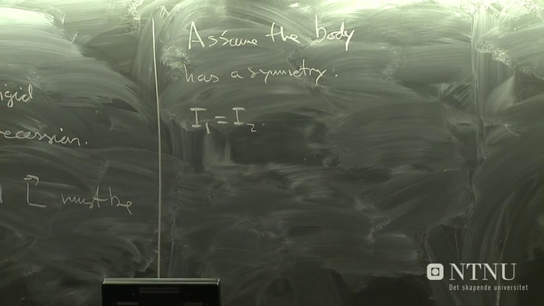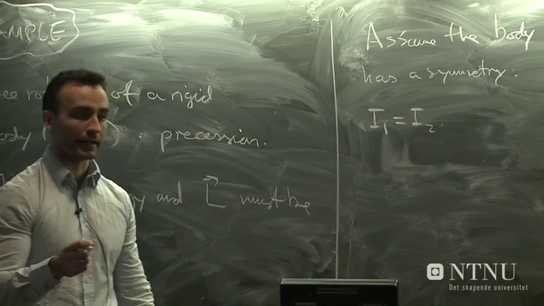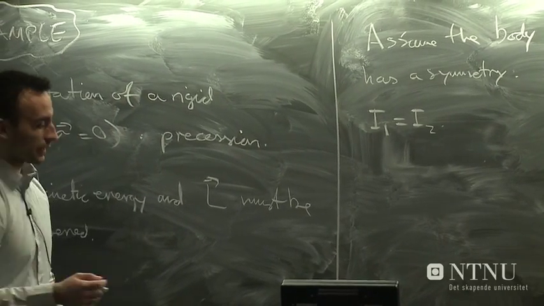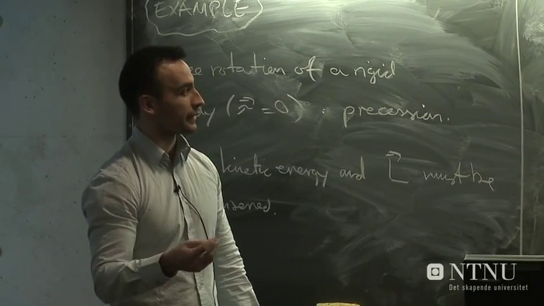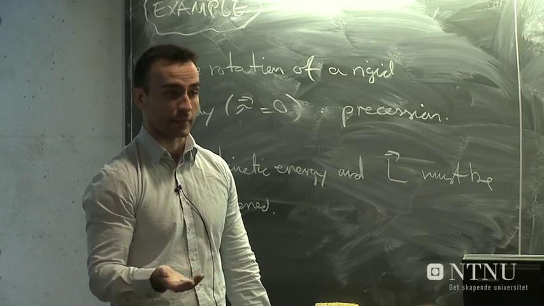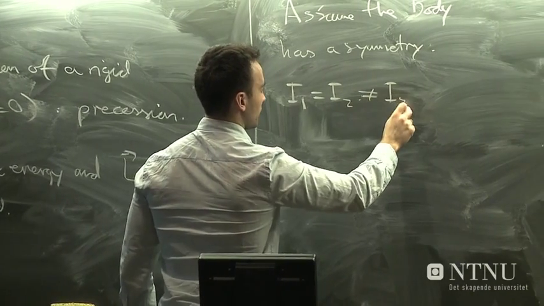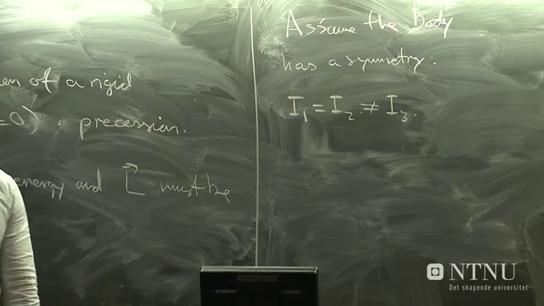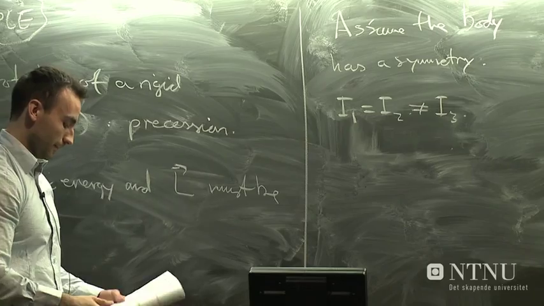So we'll consider a body which has a symmetry, meaning that two of the main moments of inertia are equal, like for the top spinning. So you have this symmetry in the plane, meaning that the two main moments of inertia in that plane have to be equal. But in general, there is then a third main moment of inertia which can be unequal to these.